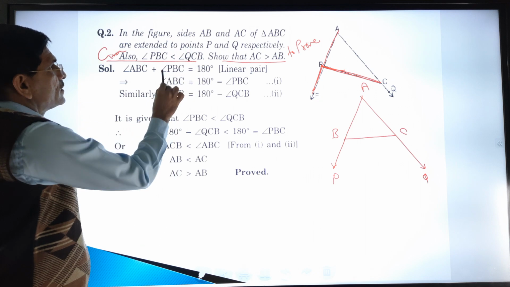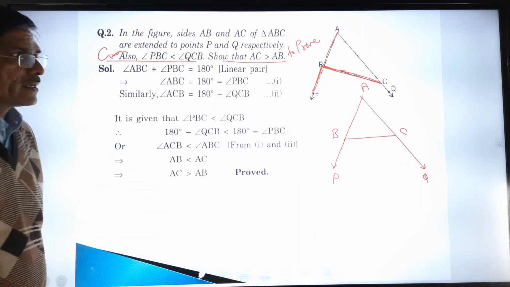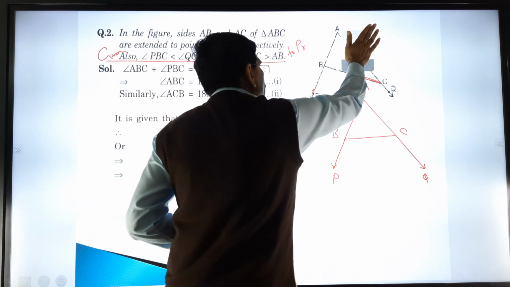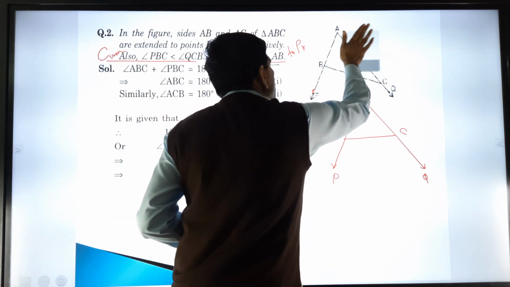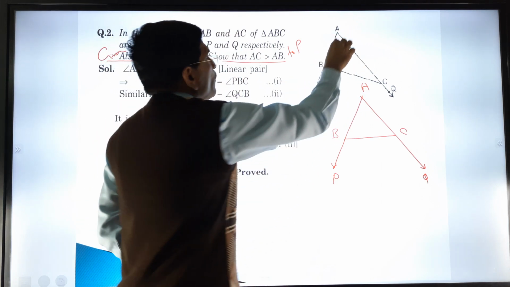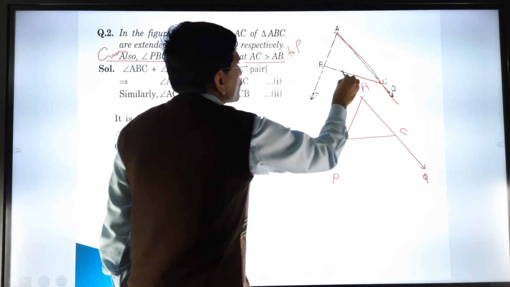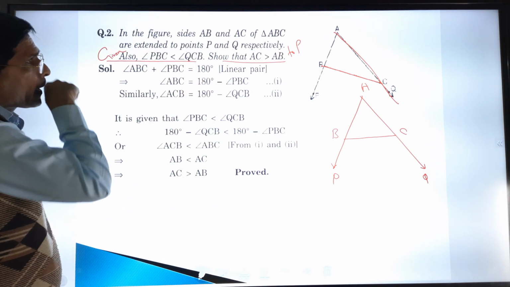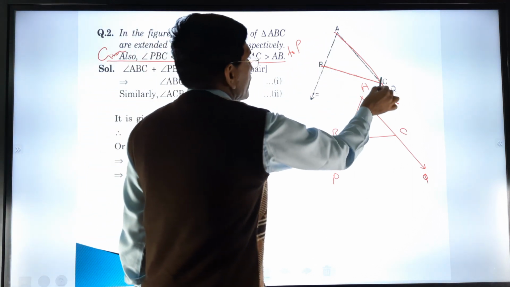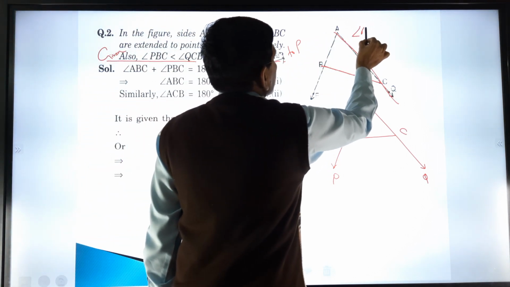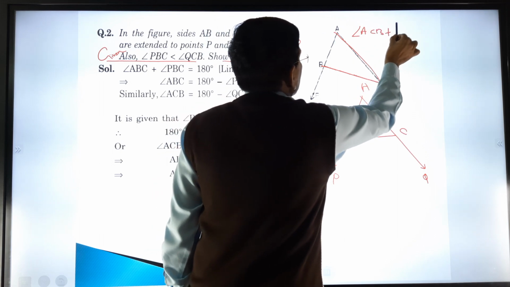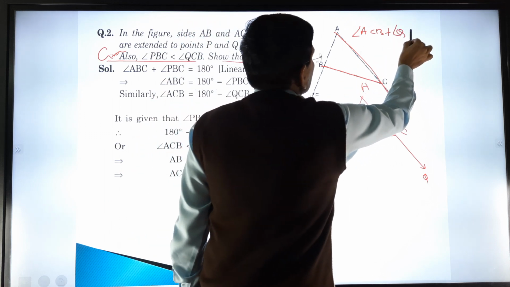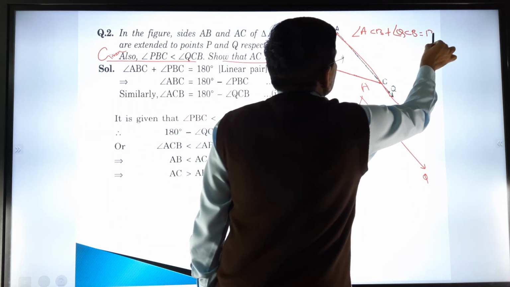Why? We have shifted this, so plus will be converted into minus. Now we have to concentrate on another. Here it is also a linear pair. Again, same way, ACB plus QCB is equal to 180.